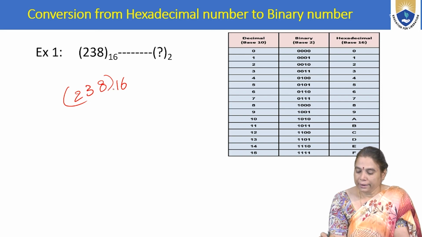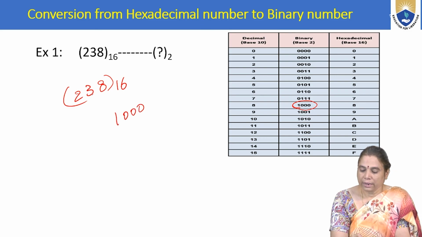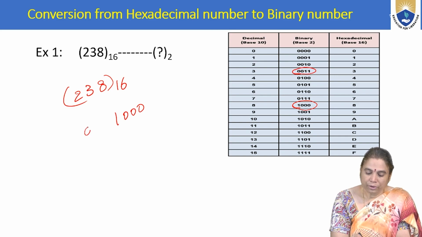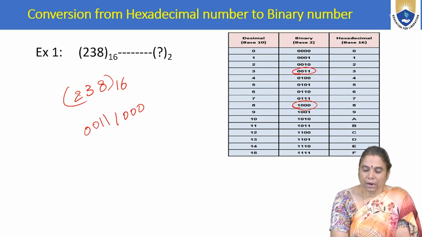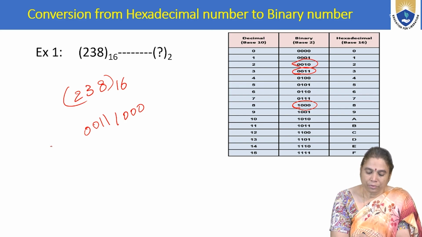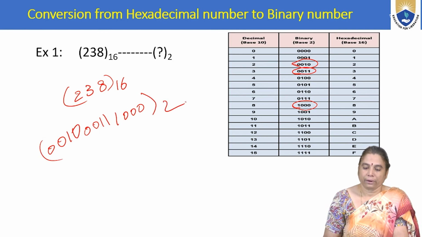What is the 8 equivalent in binary? It should be 1000. What is the 3 equivalent in binary? It is 0011. What is the 2 equivalent in binary? It is 0010. So this is the binary equivalent of the hexadecimal number.